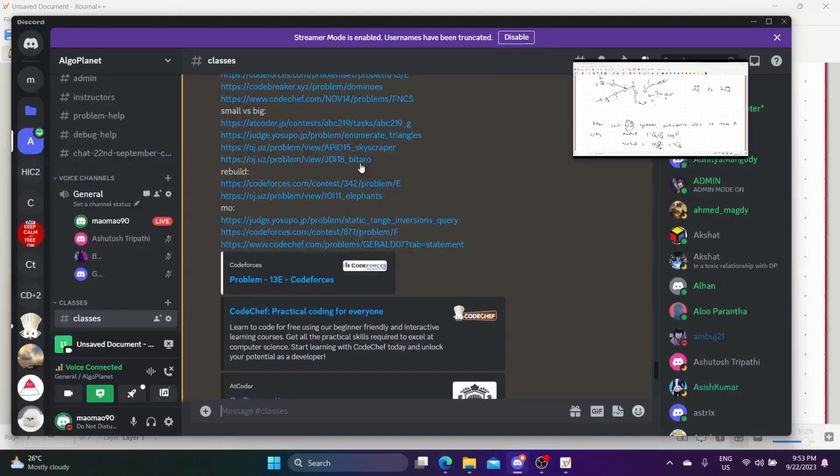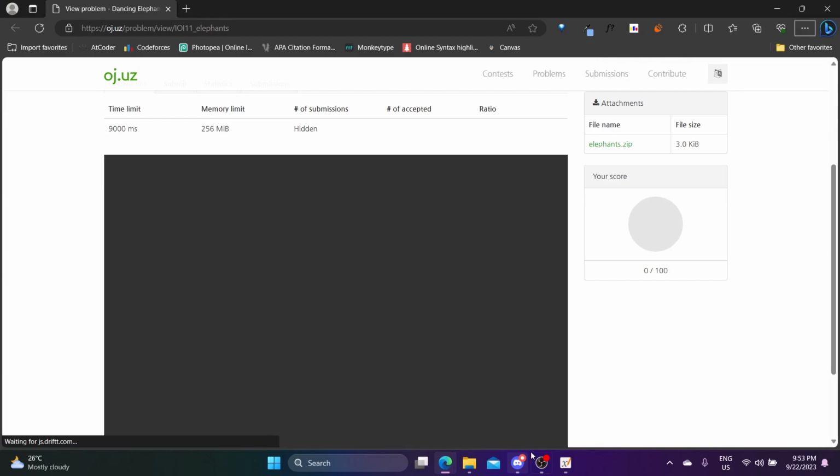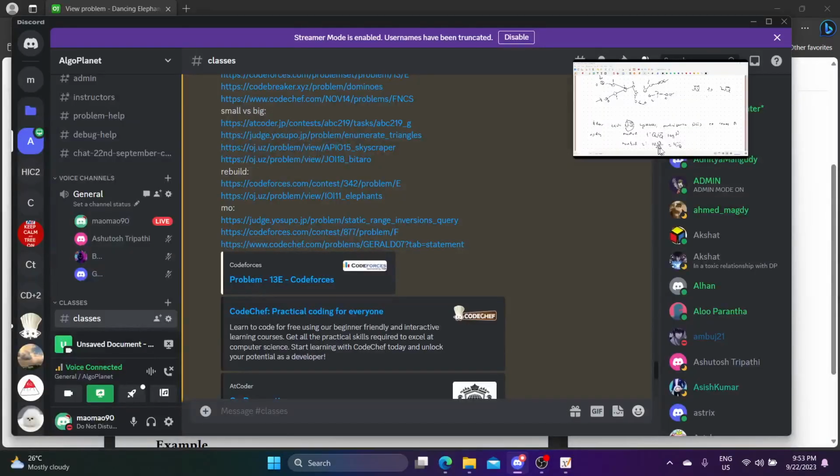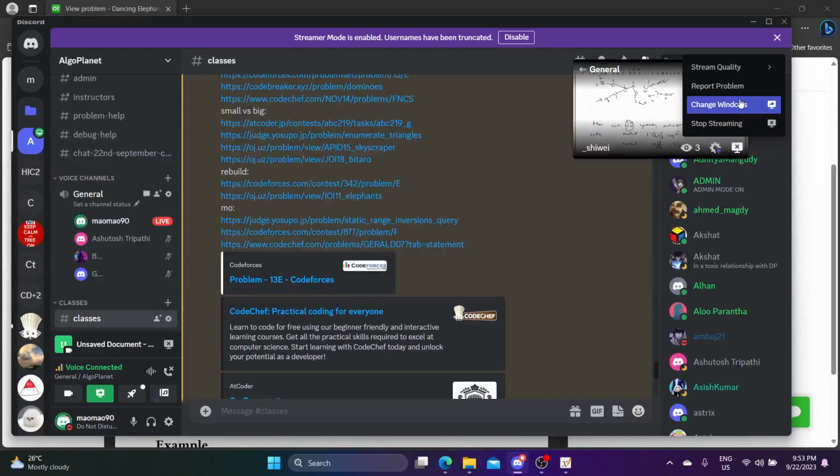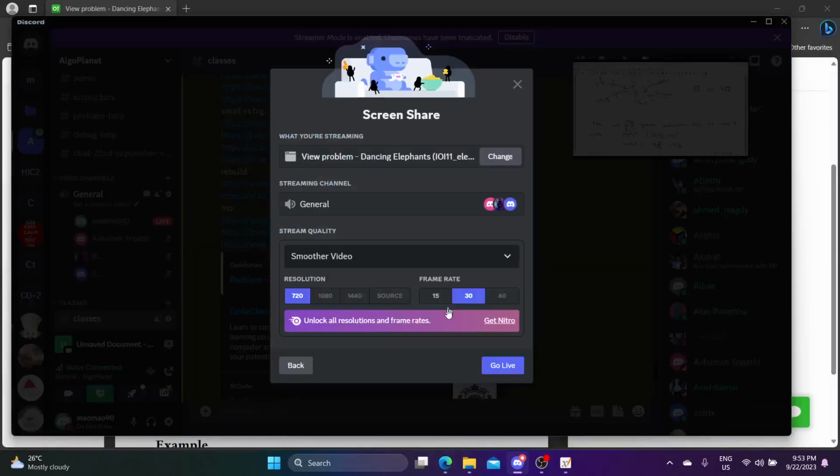To explain, I'll just briefly go through the main idea. So elephants is like a combination of the buckets trick plus the rebuild trick.